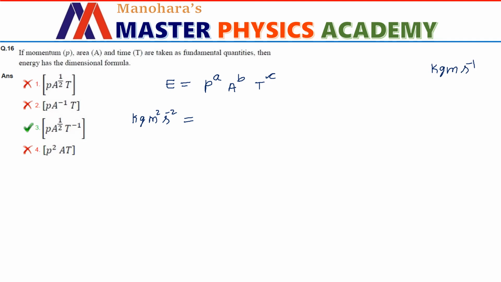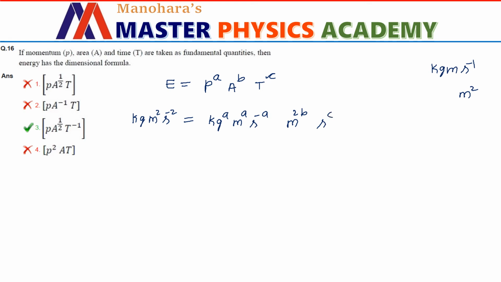So to the power a means kg power a, meter power a, second to the power minus a. Area means meter squared. To the power b means meter to the power 2b. t is time, okay? Time to the power c means second to the power c.